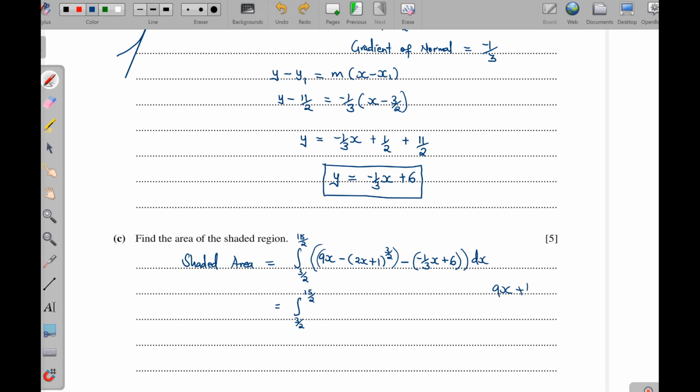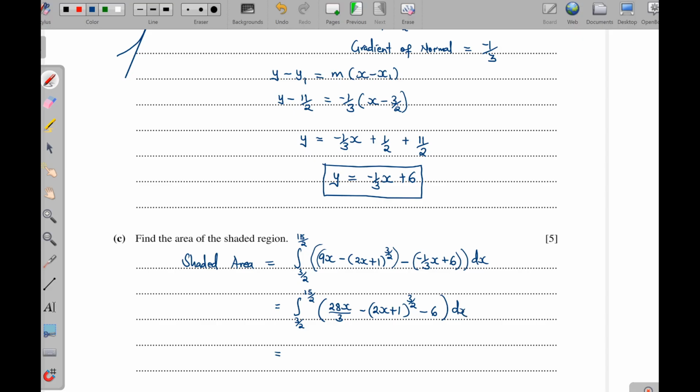So that means I will have 28x over 3. Then minus 2x plus 1 to the power of 3 over 2, and then minus 6 here when you open the brackets. Then we integrate with respect to x.